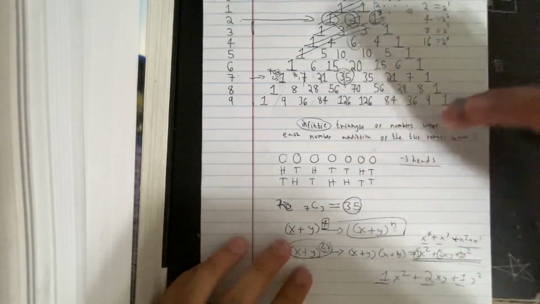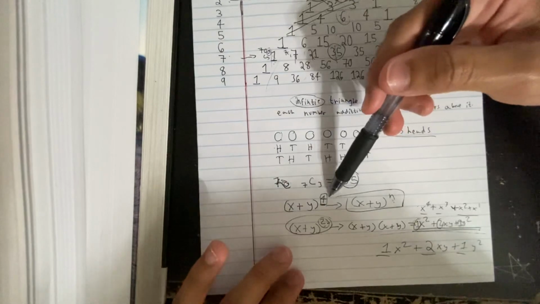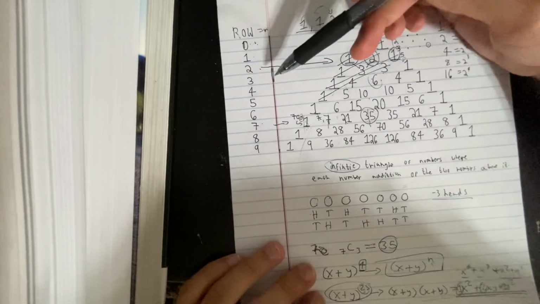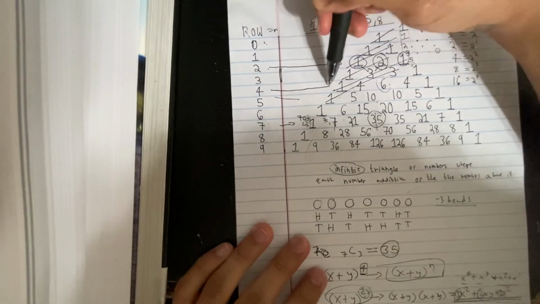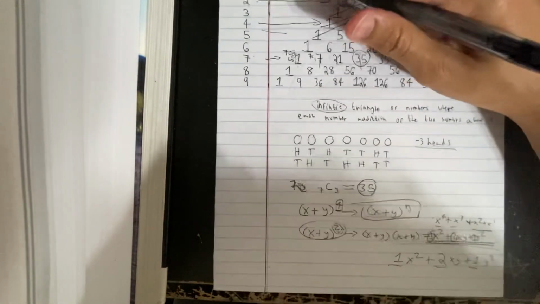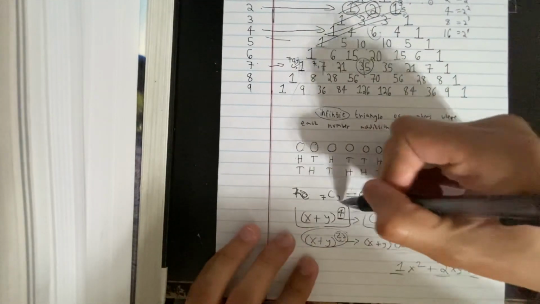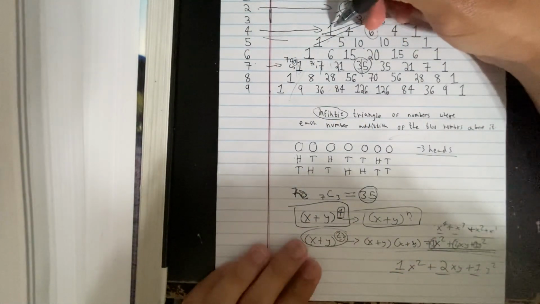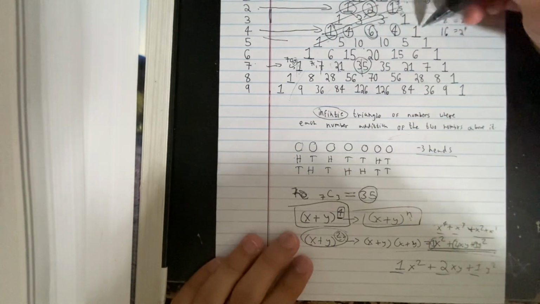So what Pascal's triangle tells us is that if we go to the 4th row in the triangle, the binomial coefficients, or all the numbers that would essentially go in front of the variables when expanding this binomial expression, would be in this order: 1, 4, 6, 4, 1.